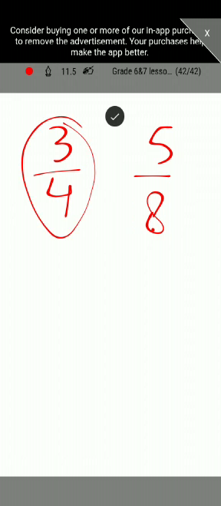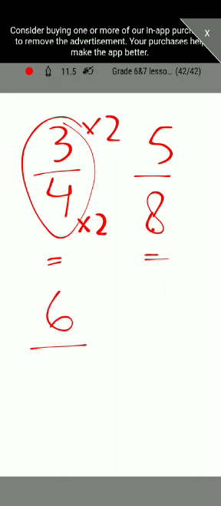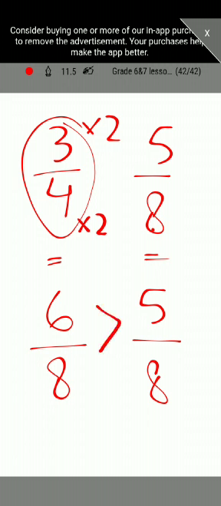We have to multiply 4 by 2 to get 8, and we do the same with the numerator also. 3 twos are 6, 4 twos are 8, and we copy down 5/8. Now we have 6/8 and 5/8, so we compare that 6 is bigger than 5, so we put the bigger than sign.